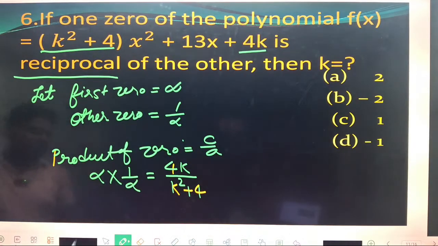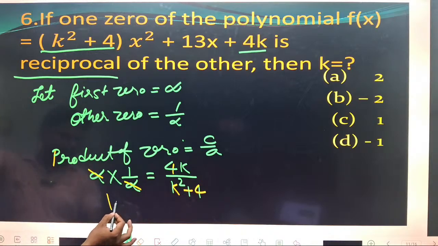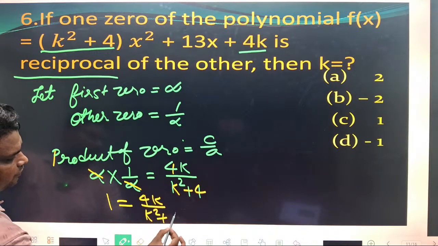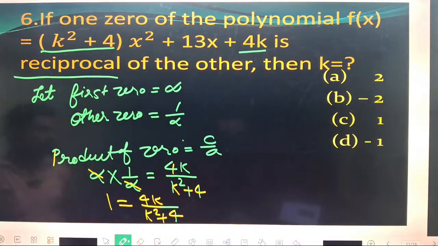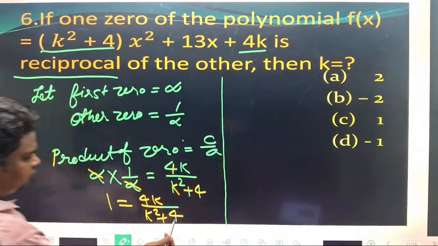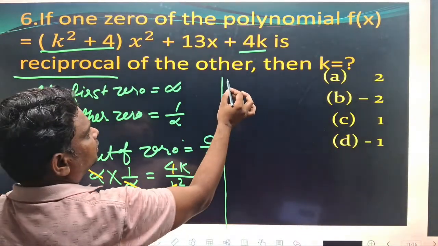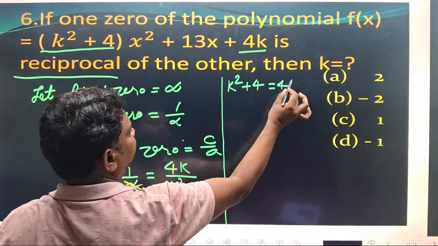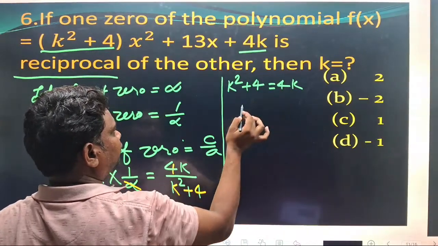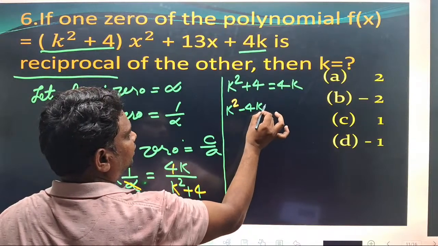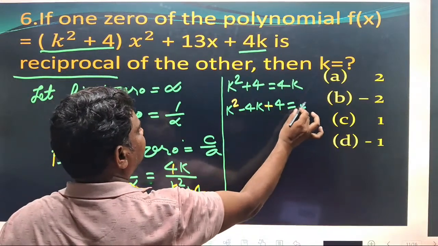Cancel out alpha with alpha. This is equal to 1 equals 4k upon k square plus 4. Now multiply: k square plus 4 equals 4k. Now transposing the 4k, k square minus 4k plus 4 is equal to 0.